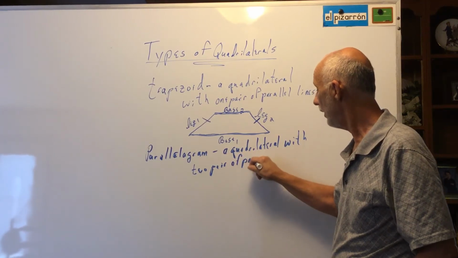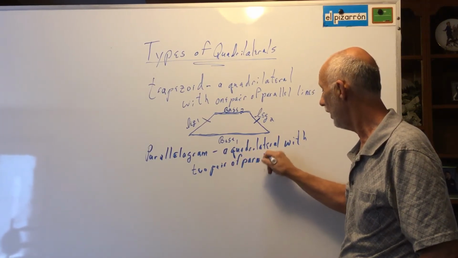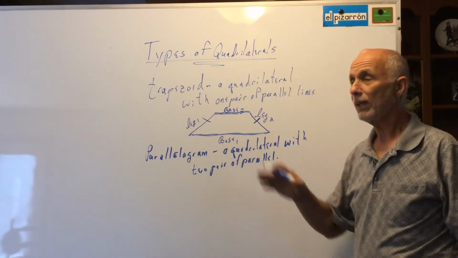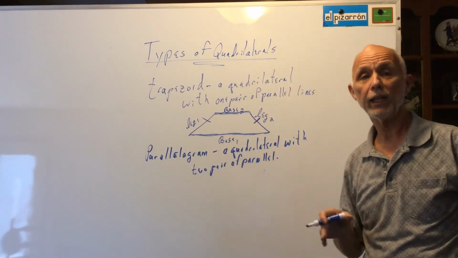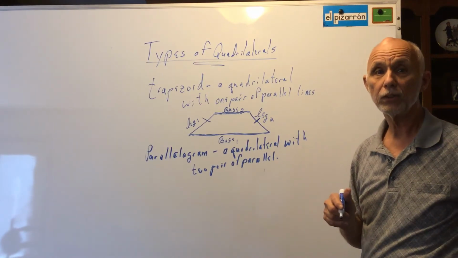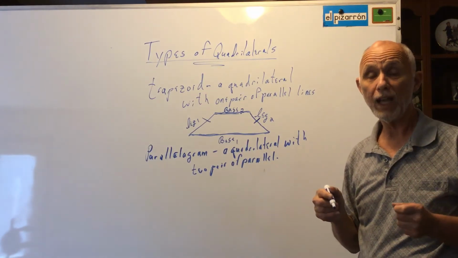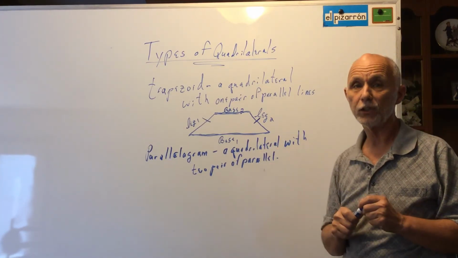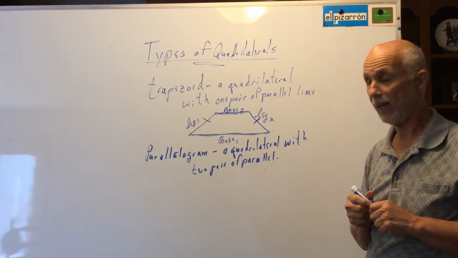And by the way, since a quadrilateral only has four sides, two pairs would be four sides. So in a parallelogram, every side is parallel to another side.